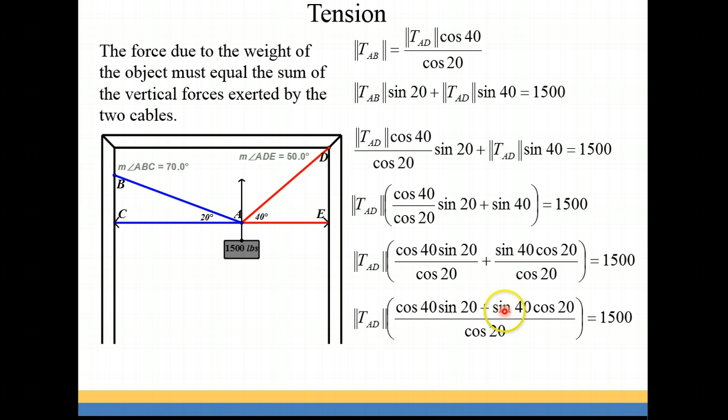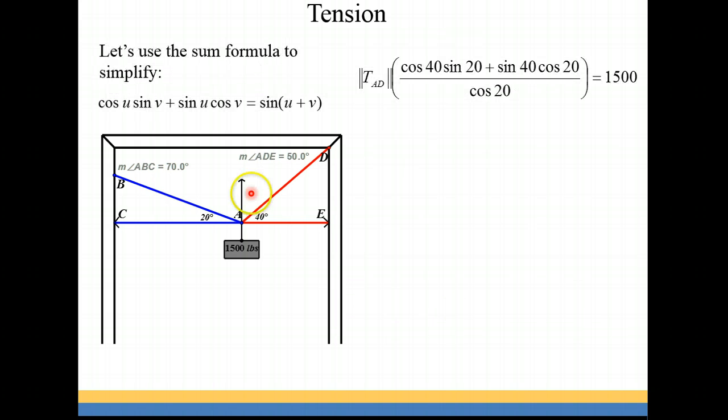Now you may recognize this numerator here because this is a sum formula in trig, and we're going to use that to continue to help us simplify this. If you remember your sum formula, it's cosine u sine v plus sine u cosine v, and that's equal to the sine of the sum of the two angles. So in this case, our u is 40 and our v is 20.